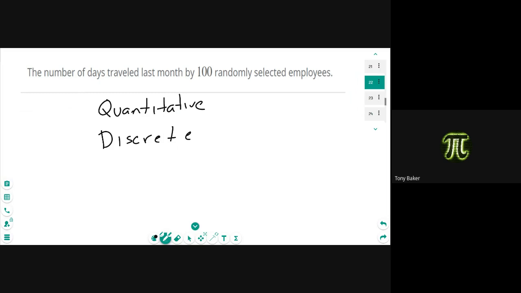Remember, it can be both. What is the highest level it can be? So subtracting them, absolutely, right? I can definitely subtract them, and that gives me some meaning. Can I say somebody traveled twice as many days as another person? Yeah. If I can say that, it is ratio. But why wouldn't it be interval? No, it is.